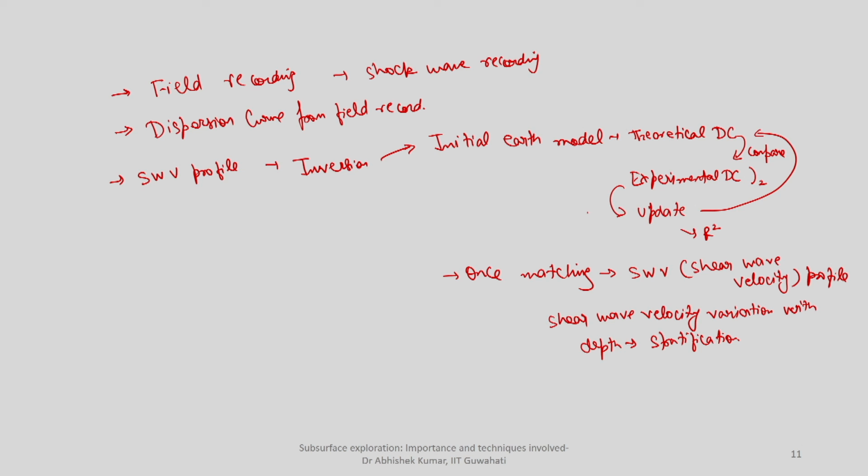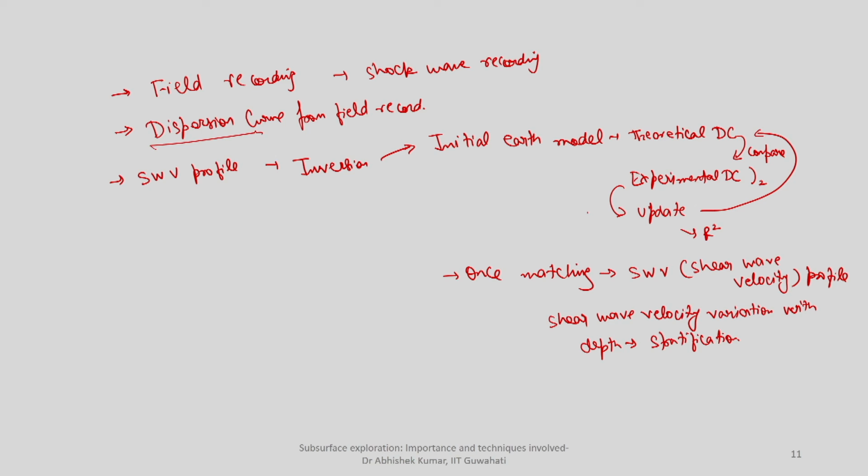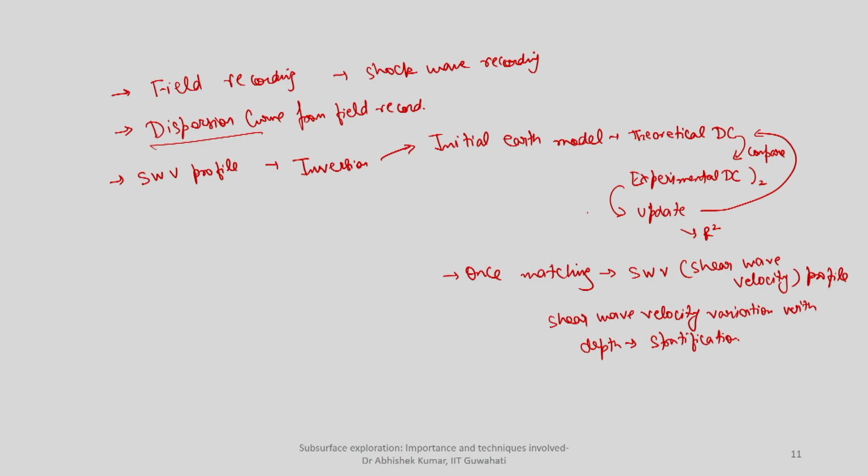Then overall, what is the characteristic based on which a surface wave sees heterogeneity in the medium. If that characteristic, called dispersion characteristics or dispersive characteristics, can be identified by any method, then based on the field record we will be able to find out the stratification details.